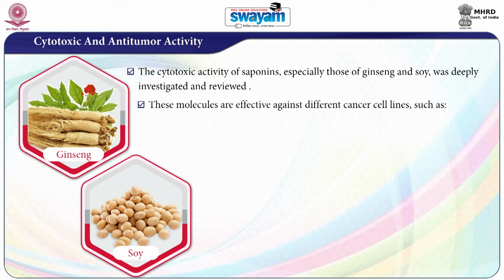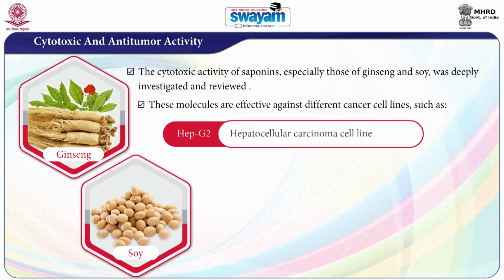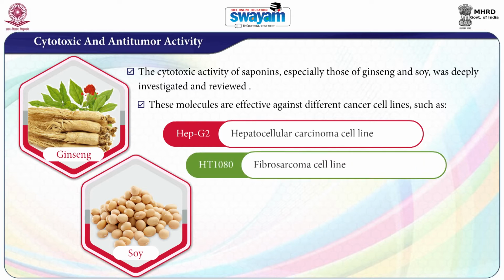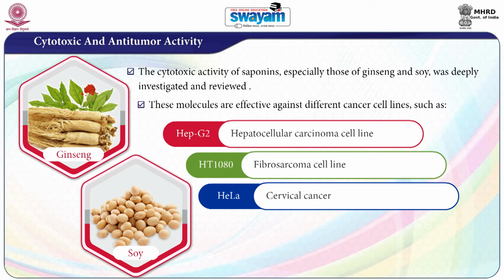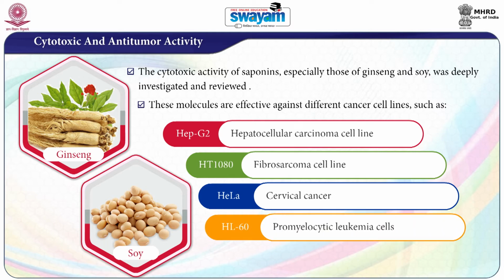These molecules are effective against different cancer cell lines such as hepatocellular carcinoma cell line, fibrosarcoma cell line, cervical cancer, promyelocytic leukemia cell and breast cancer.